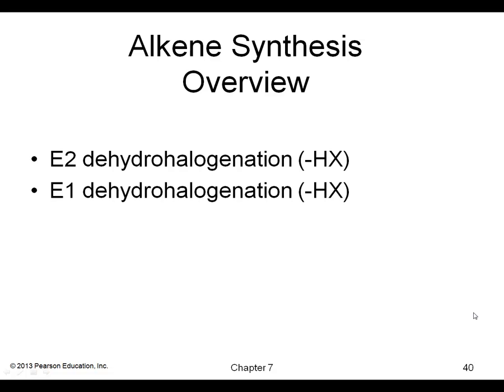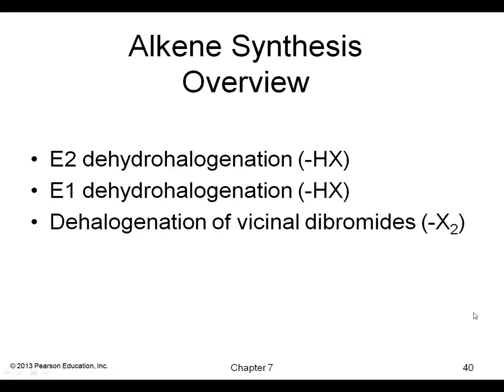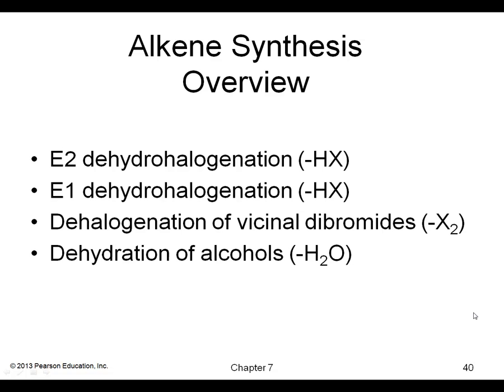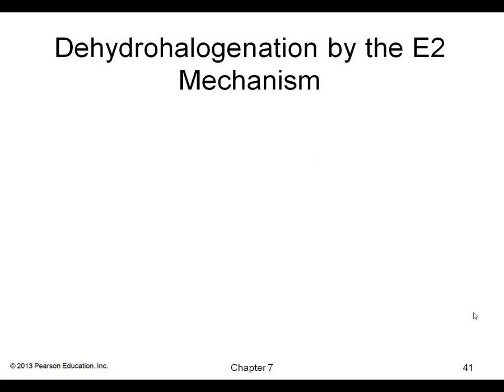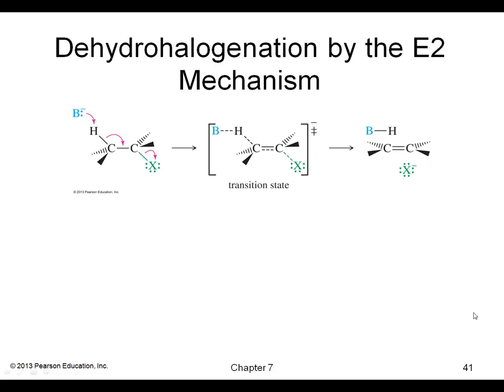Just a review of how to make alkenes through E1 and E2 chemistry. So remember the mechanism of the E2. Base attacks a beta hydrogen, forms the pi bond, kicks off the leaving group.